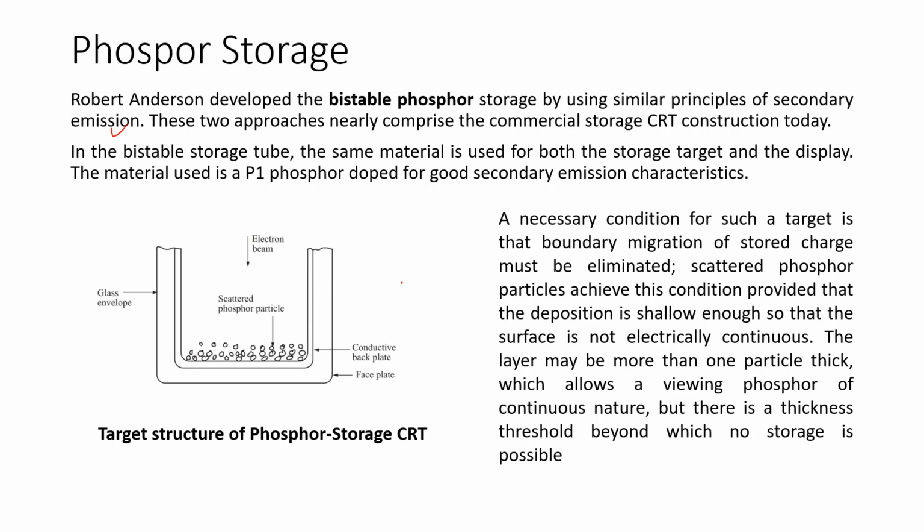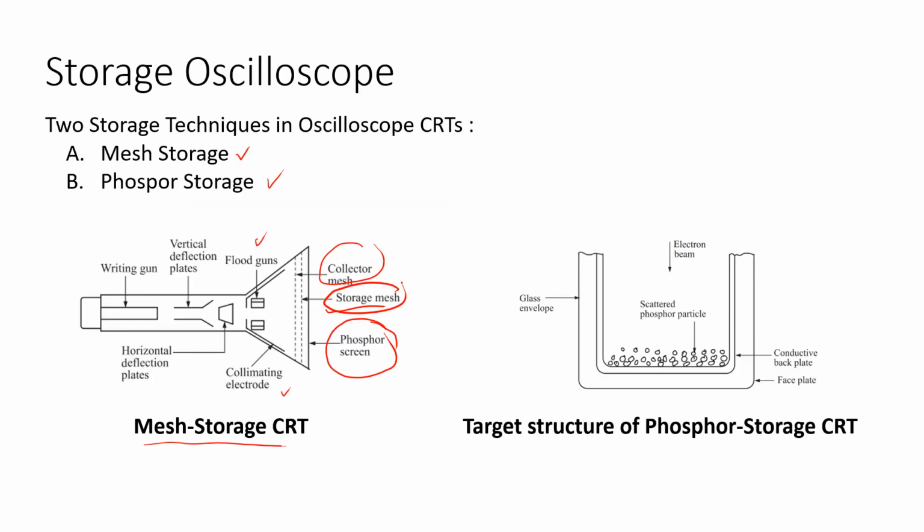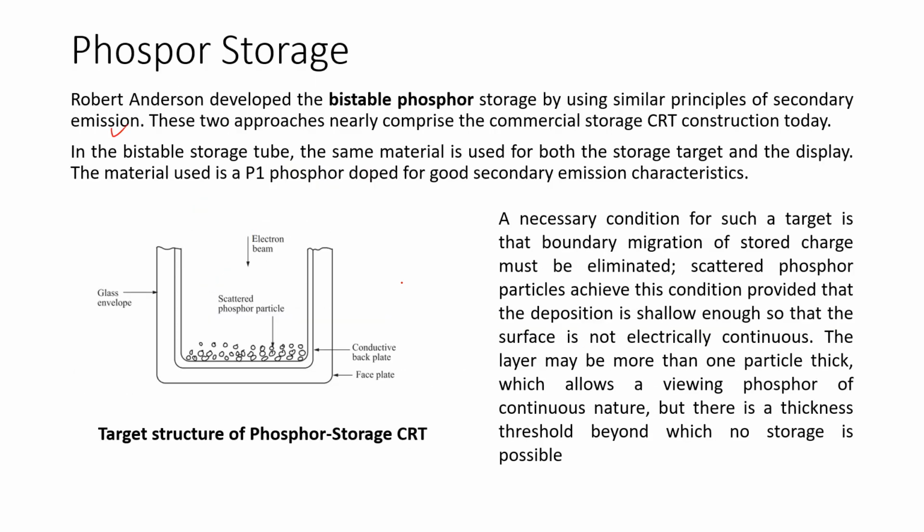But in this phosphor storage, the storage mesh here we replace by using a material like a P1 phosphor. So you can see, in the first kind of storage oscilloscope the storage mesh and the phosphor screen have different materials, but in phosphor storage they use a similar material. Okay, similar material for the storage target and also the display.